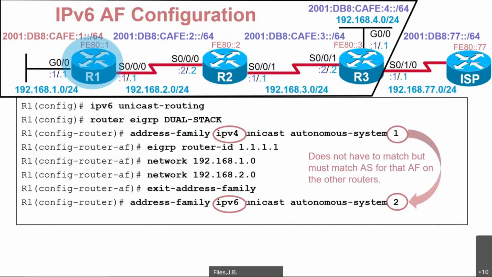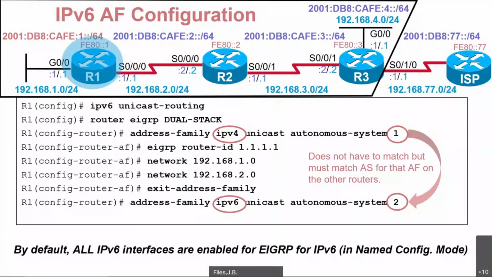These don't have to match each other, but they could, because again, ships in the night, right? But they do have to match the numbers for their corresponding address families on the other routers. Okay. So if we're going to set IPv6 to 2, all the other routers have to be 2 for IPv6. Okay. And again, like I said, all IPv6 interfaces are enabled for EIGRP in named configuration mode.